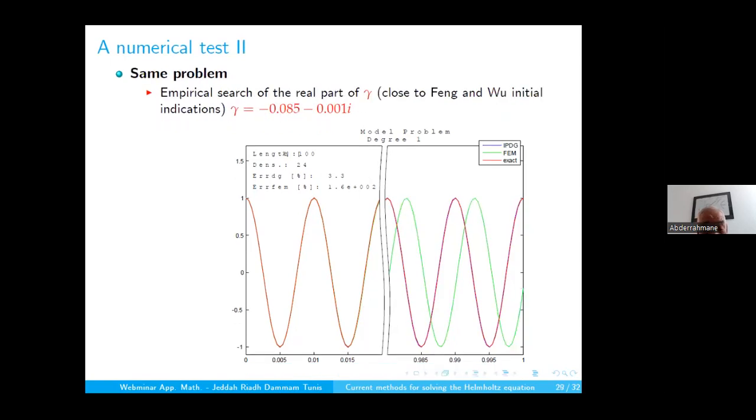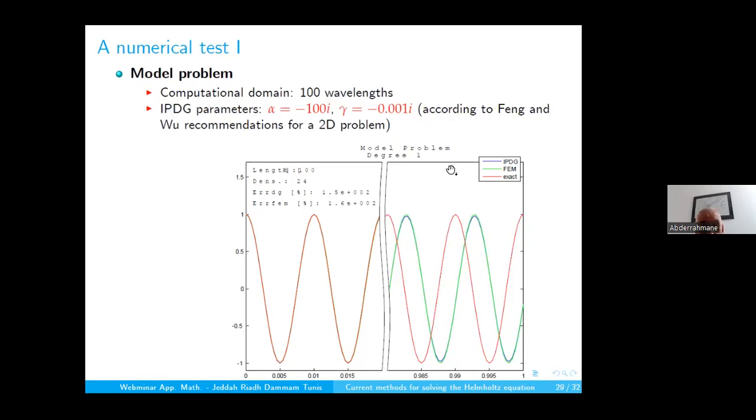And you may ask, what is the gain here? The gain here is first that for this problem, the discrete problem is always well posed. There is no minimal resolution condition.